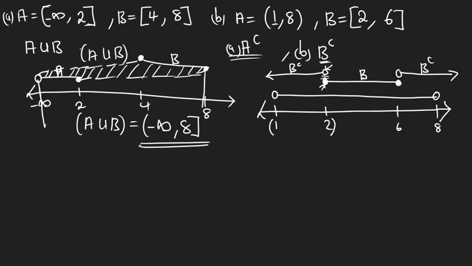So you put these brackets. Then you say union. There's an open circle at B complement, so this is going to be this bracket. Then this side, 8 was not part of this set, so you also open. You put those brackets. So B complement is going to equal 1, 2.